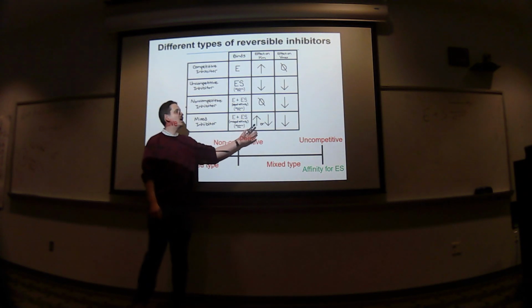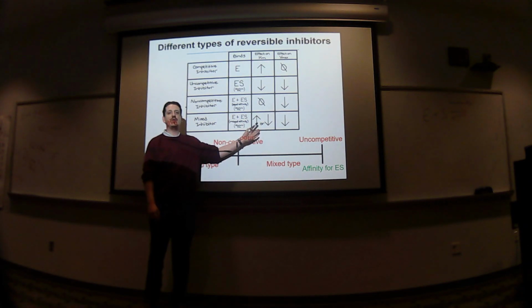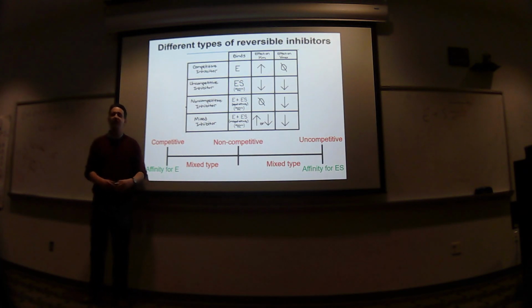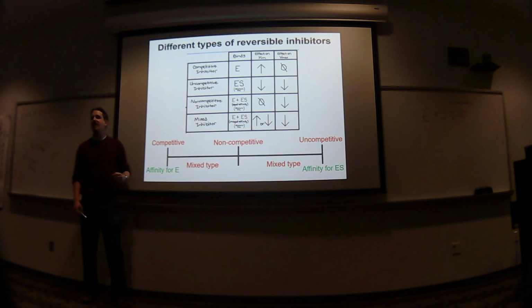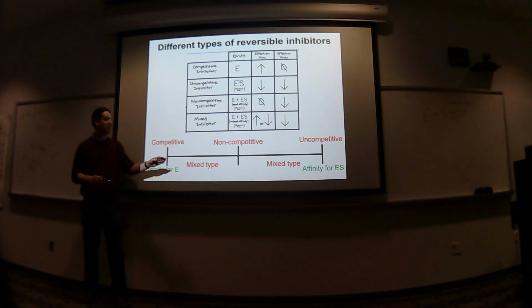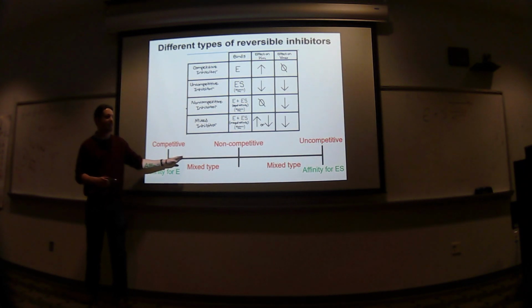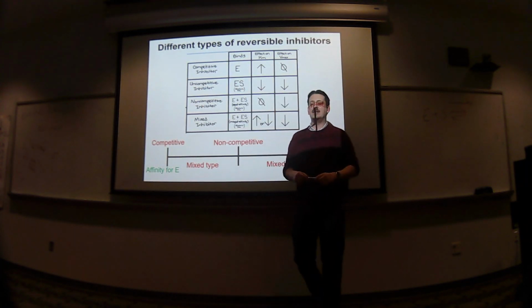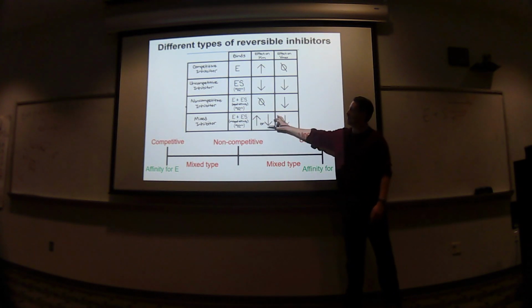But whether or not it has the overall effect of decreasing or increasing Km will depend on which place on the spectrum it is. If it is more like a competitive, then it will increase the Km a little bit. If it's more like an uncompetitive, it will decrease the Km a little bit, depending on does it prefer to bind to empty, or does it prefer to bind to bound. That will affect what impact it has on the Km.